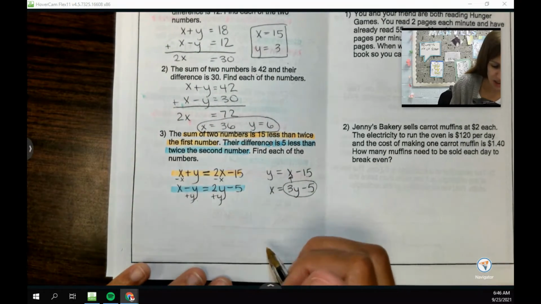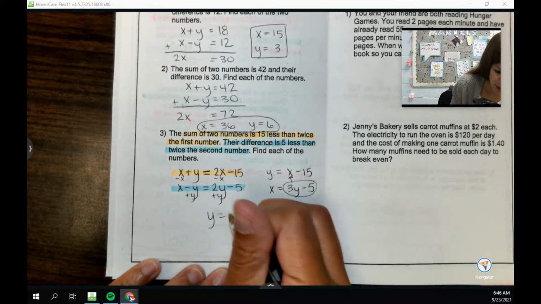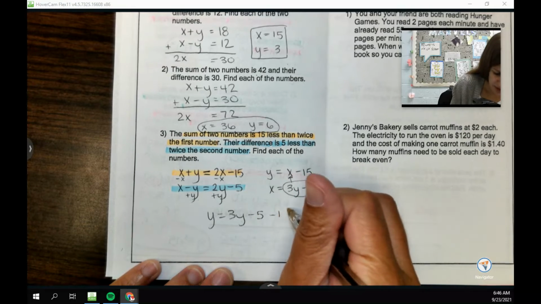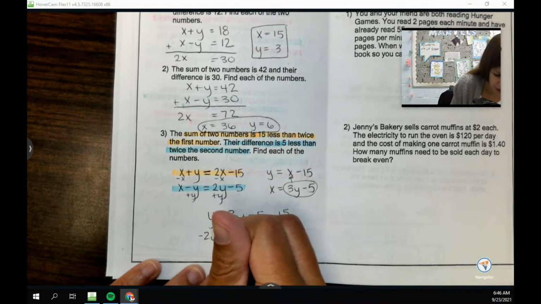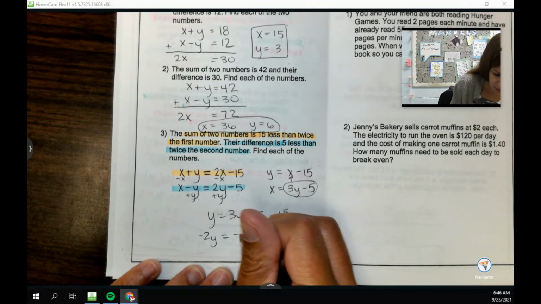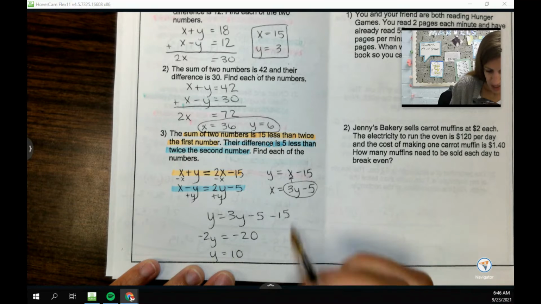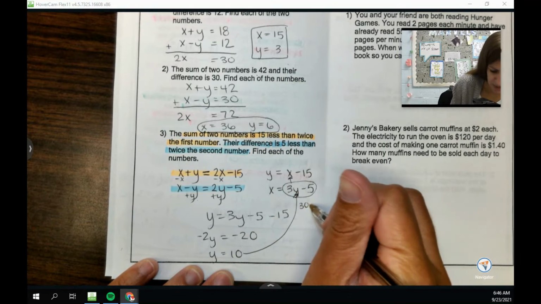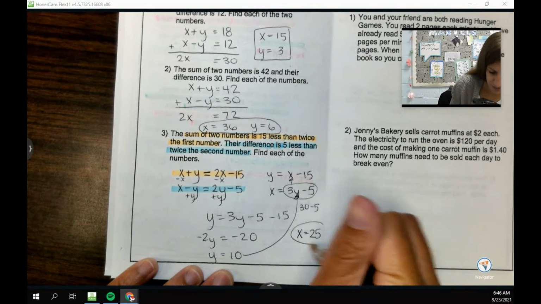So substitution here. And we'll have y equals x. However, I know that that's 3y minus 5. And then minus 15. So I'm going to subtract my 3y for negative 2y, combine my like terms for negative 20, and so y is 10. And then pretty simply, I can plug in the 10 right here and get 30 minus 5 to figure out that x is 25.